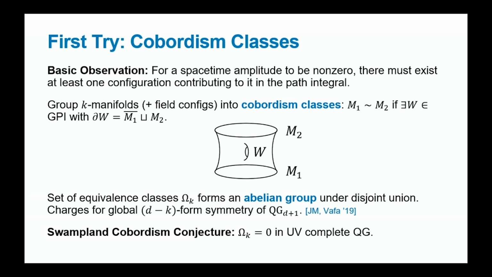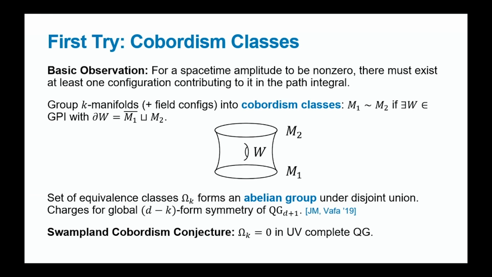So given asymptotic boundaries, which are closed manifolds and additionally field configurations of your matter fields, we can group them into what are known as cobordism classes. We say that M1 is cobordant to M2 if we have a one higher dimensional open manifold, which is part of our gravitational path integral, that connects M1 to M2. So this is an equivalence relation.